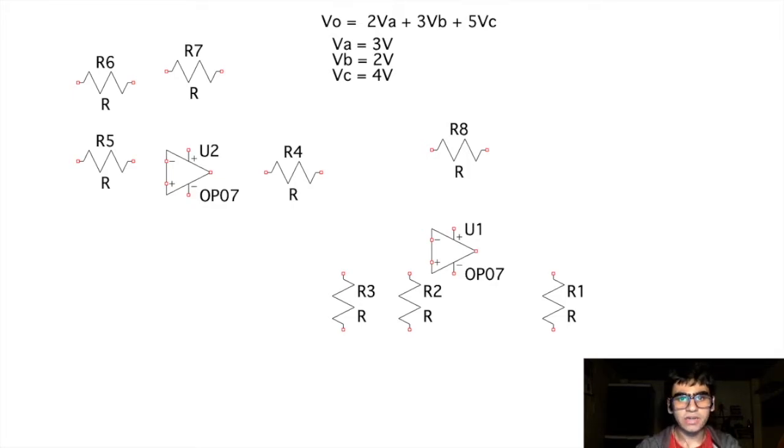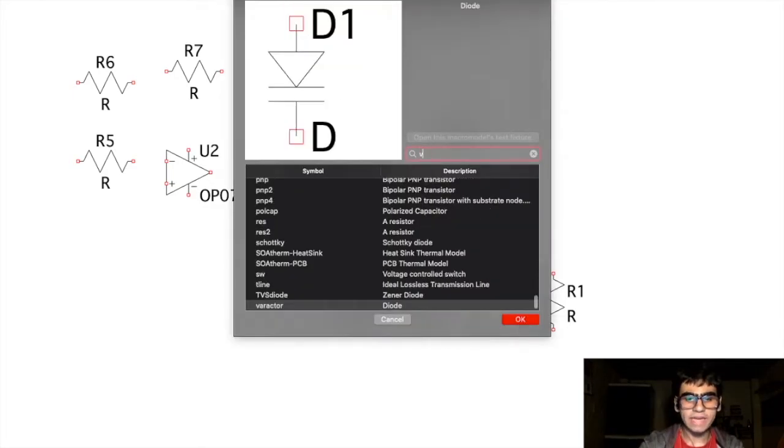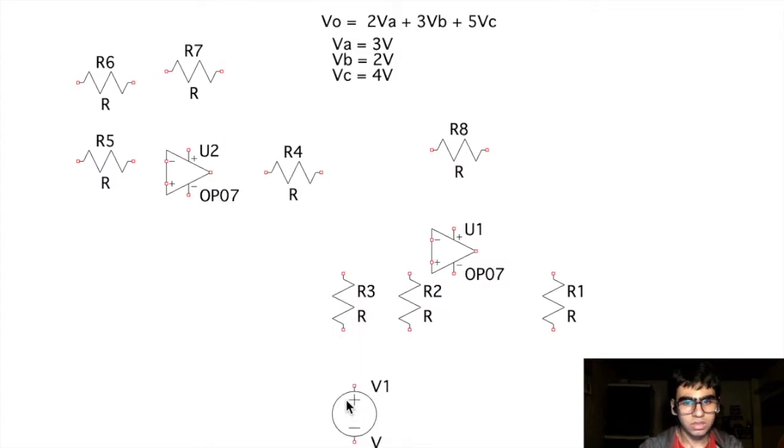Then we'll place our input sources. For that, type in voltage. This will be a DC source.